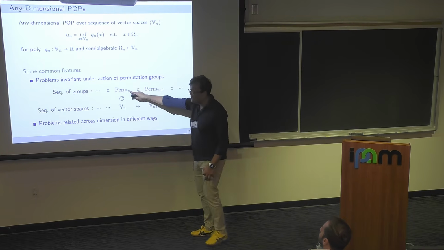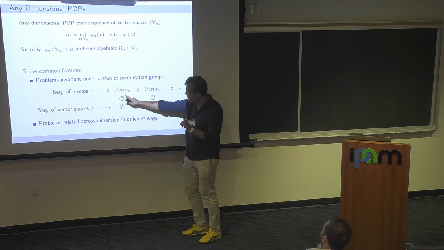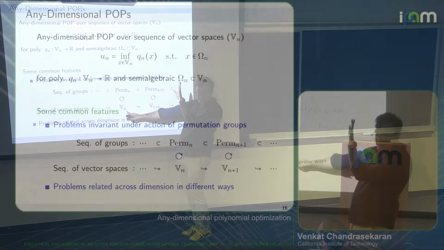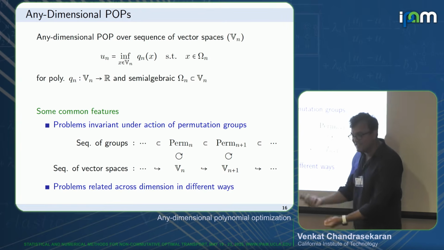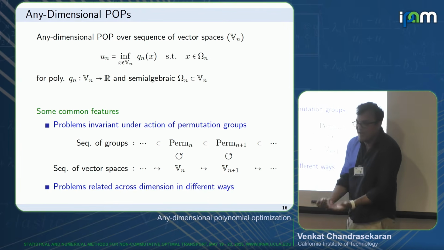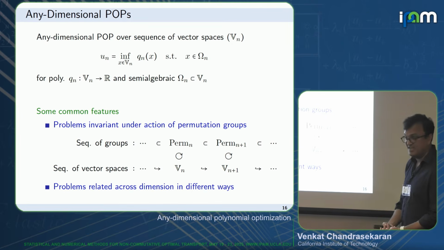Okay. So for the nth problem, you have a suitable action of the permutation group on the nth vector space. But how these are related across dimension, how V_n embeds into V_{n+1}, and how the group action is compatible with that embedding is really key.